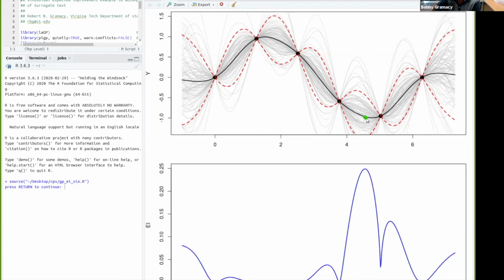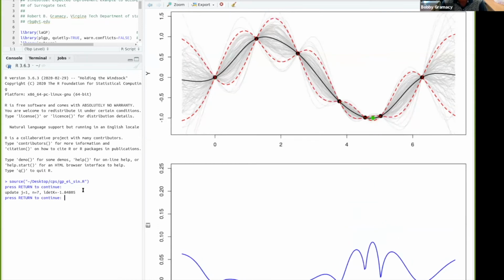And the green dot here is the realization that I will get in the future when I evaluate there. So the green dot is the next point. It is not yet part of the data set, so it's not yet part of the fitted surface. Okay, so I'm maximizing expected improvement. This is the point I get next. When I hit return, I will get to incorporate that point. So you can see that point turns black, and my surface goes down to get it, and reduces the variability nearby.